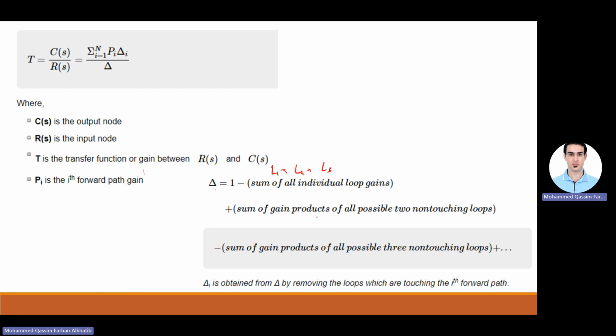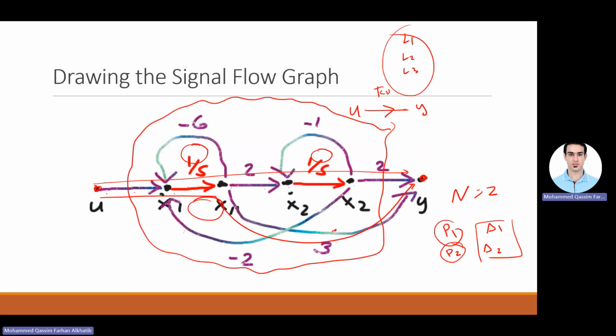Plus the sum of gain products of all possible 2 non-touching loops. You have loops that are non-touching, which means that there is no common branch between them. So let's assume this is loop number 1, loop number 2, and this is loop number 3. If you look between loop 1 and loop 2, are they touching? No. So L1, L2, non-touching.